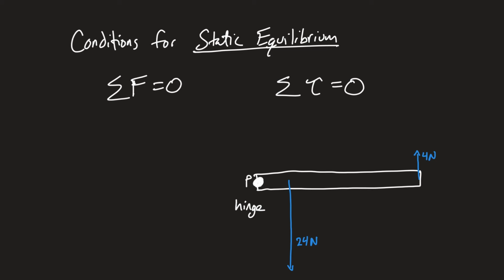For example, if we add all the forces up, the sum of the forces equals negative 24 newtons pulling down, and then we've got this 4 newton force up. That doesn't work, right? That's negative 20 newtons of force, and we should therefore see the center of mass of this object accelerate down, which it's clearly not doing.